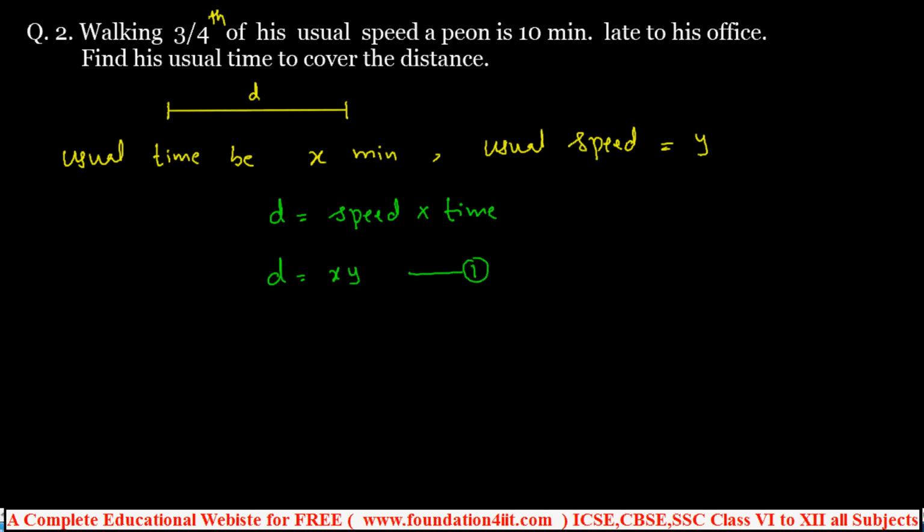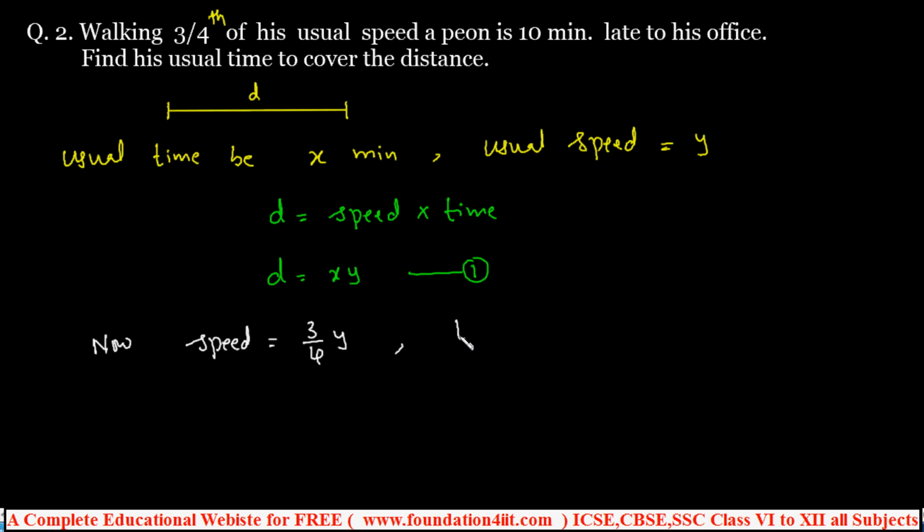This is the usual case. But according to the changes, he is walking at 3 by 4th of his usual speed. So now speed is 3 by 4th of his usual speed y, which is 3 by 4 into y.